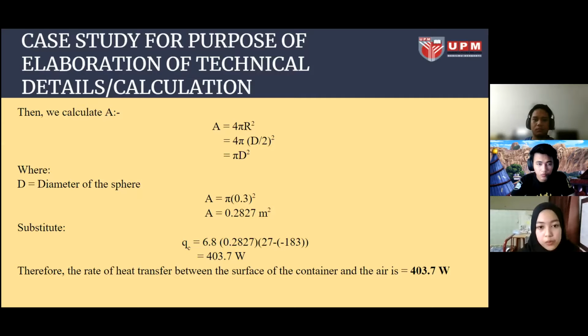So we use 4 pi r squared, where from the question the diameter is 0.3. Substituting the value into this equation, we get the area equal to 0.2827 meters squared.